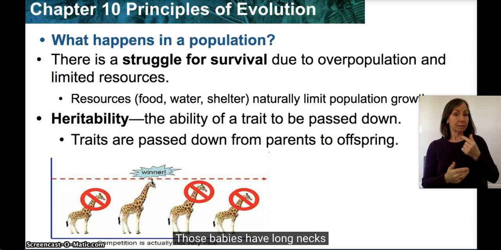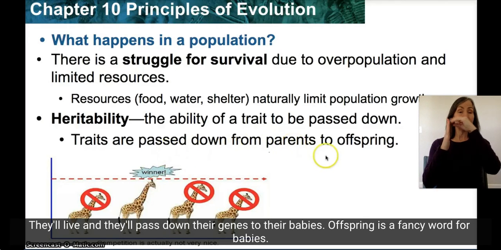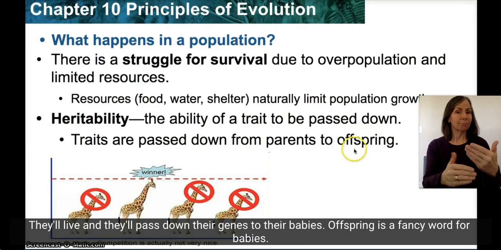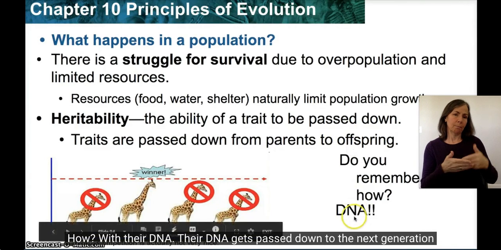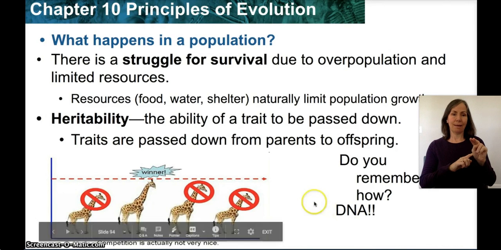Those babies have long necks. They'll live and they'll pass down their genes to their babies. Offspring is a fancy word for babies. How? With their DNA. Their DNA gets passed down to the next generation.